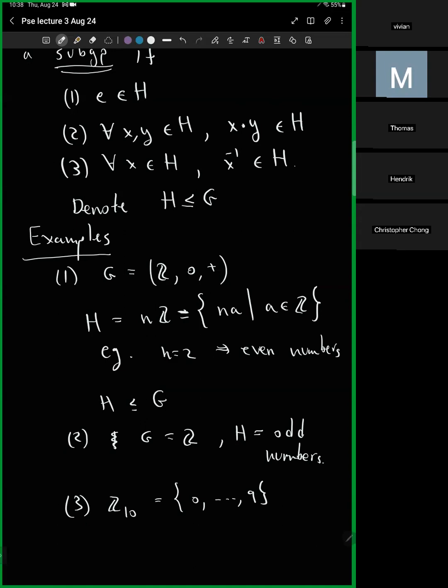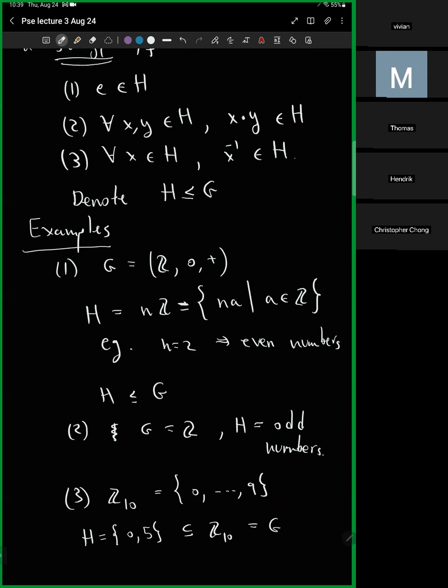And now I look at the set {0, 5}. This is a set of 2 elements. It is contained in Z mod 10. I call this H. This is H and this is G. And I claim that H is a subgroup.